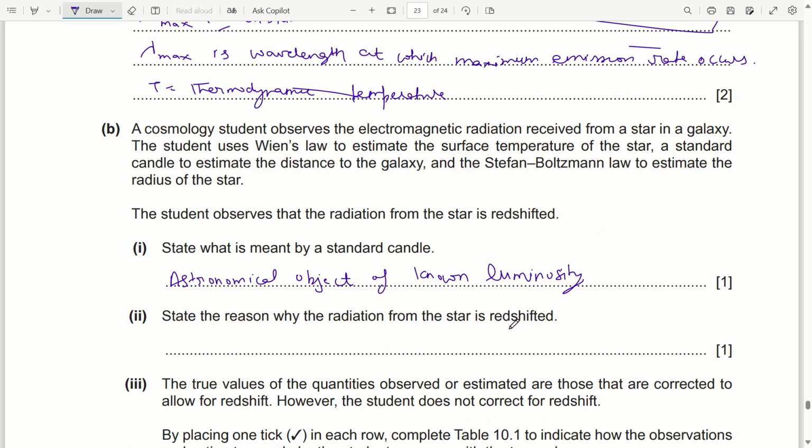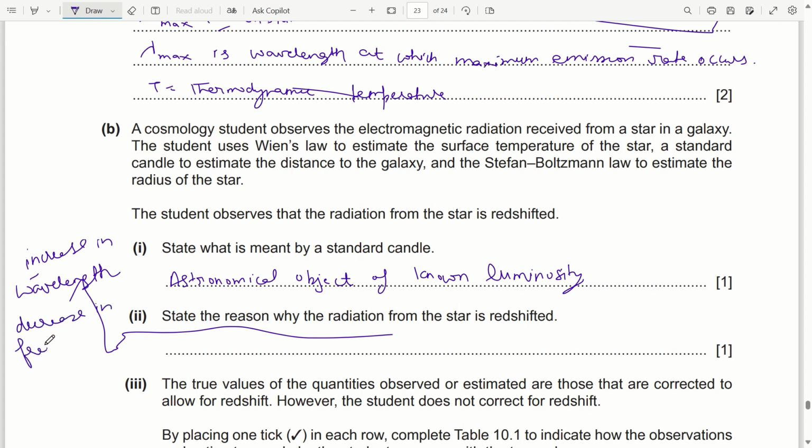Next, second question. State the reason why the radiation from the star is redshifted. So we know that redshifted means there is an increase in wavelength, because red color has more wavelength, and an increase in wavelength means there is a decrease in frequency. And as per Doppler's effect, a decrease in frequency occurs when a source of radiation is moving away from the observer.